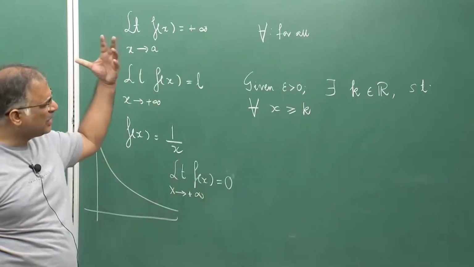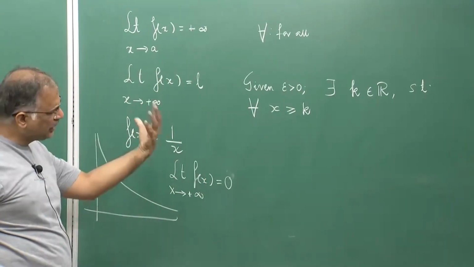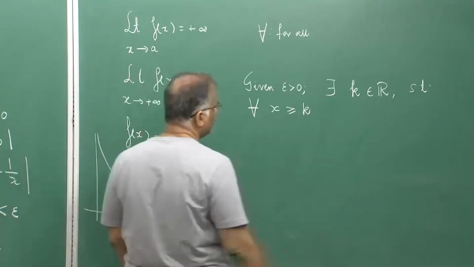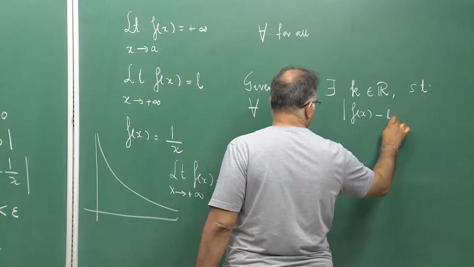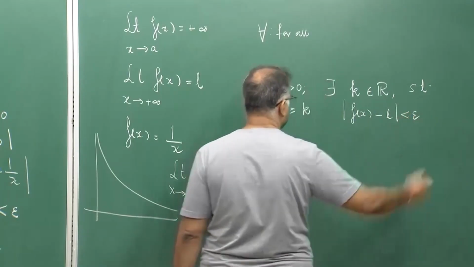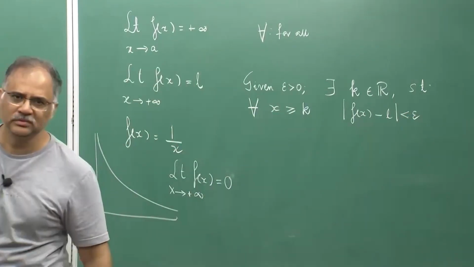So, for every epsilon there would be a k such that for every x which is bigger than or equal to k, this distance would be less than your chosen epsilon. That is the meaning of this.